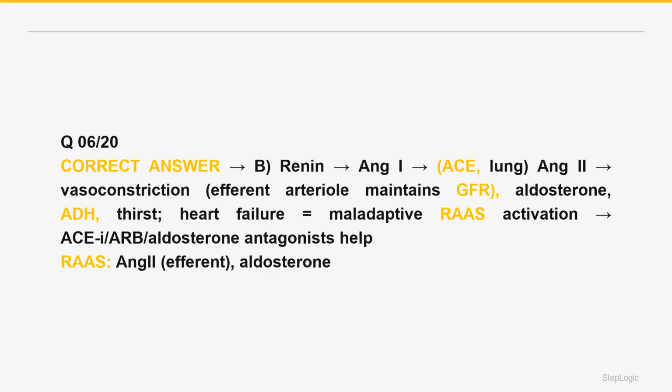ARBs block the AT1 receptor, and aldosterone antagonists, spironolactone and eplerenone, all reduce mortality in heart failure. These agents plus renin inhibitors treat hypertension. The renin to angiotensin II to aldosterone cascade is maladaptive in heart failure, and blocking it with ACE inhibitors, ARBs, and aldosterone antagonists like spironolactone and eplerenone reduces mortality.